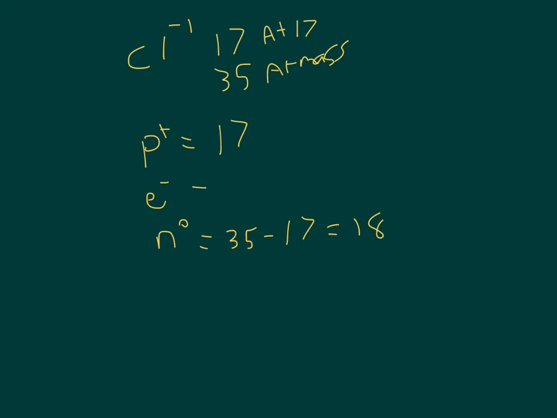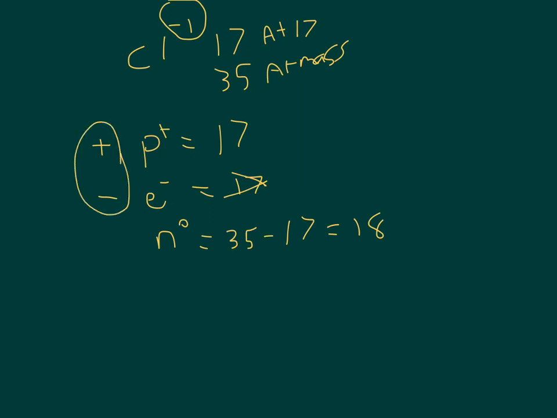Now normally, if this were neutral chlorine, you would have 17 because the protons and electrons would be the same. But we don't have that here because we want the chlorine with a -1 charge. In order to have a net -1 charge, remember the protons are giving positive, the electrons are giving negative. We don't want equal numbers of them, that would be neutral.